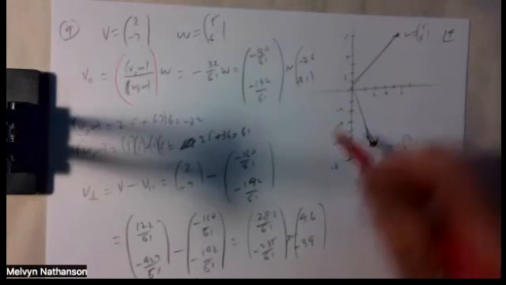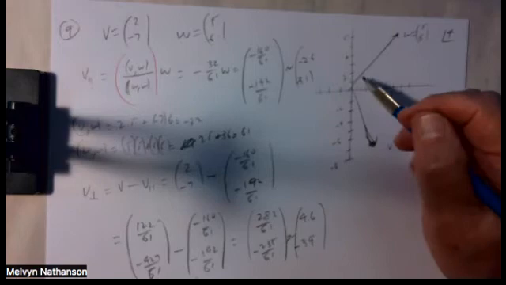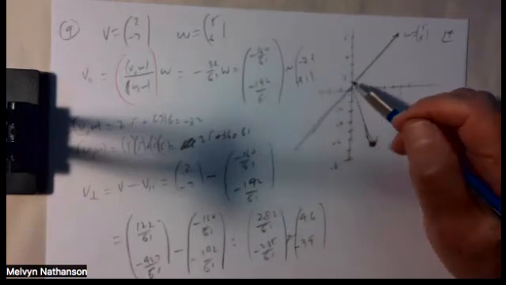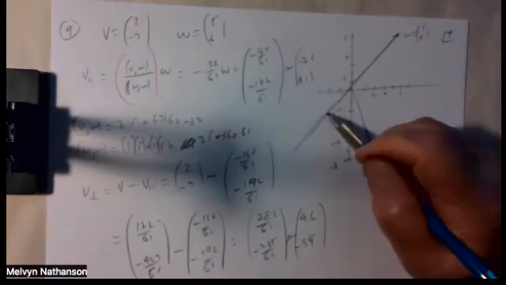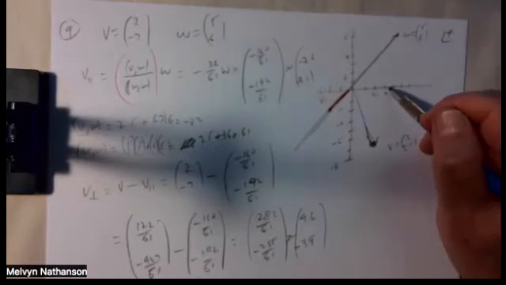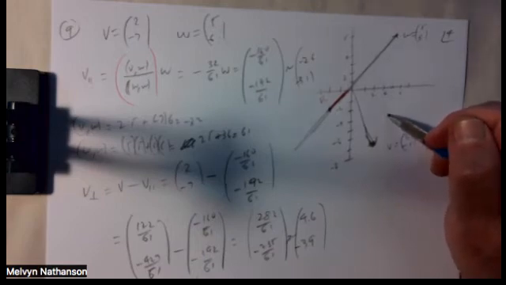So this is my W, and minus 2.6, minus 3.1 should be right about here. It has to be on this ray going through this line. So this is the parallel component of V, and 4.6, minus 3.9, the 4.6 is around there. It's about here.